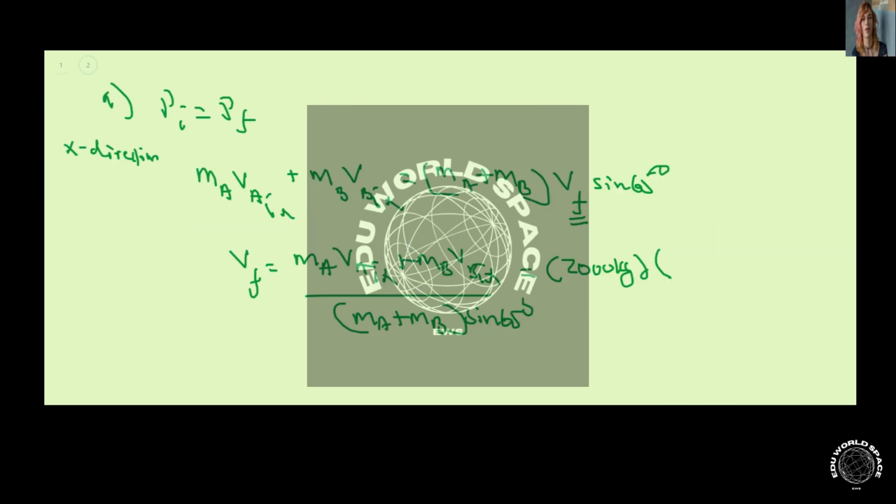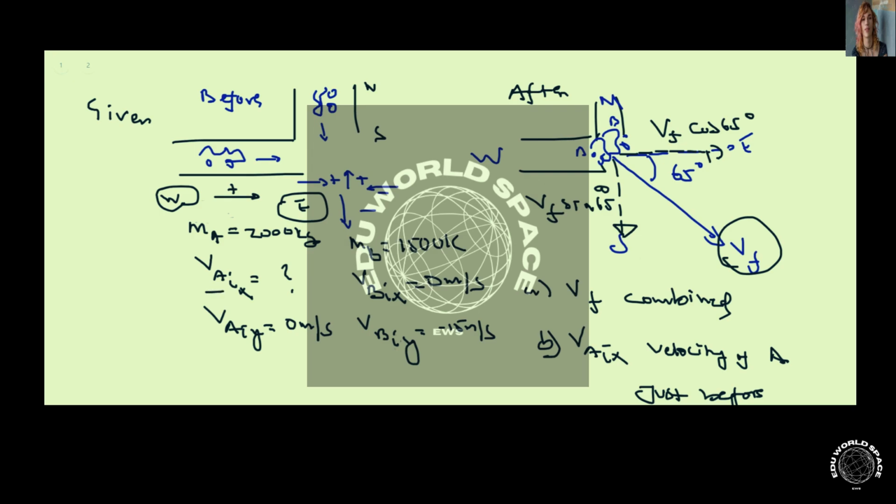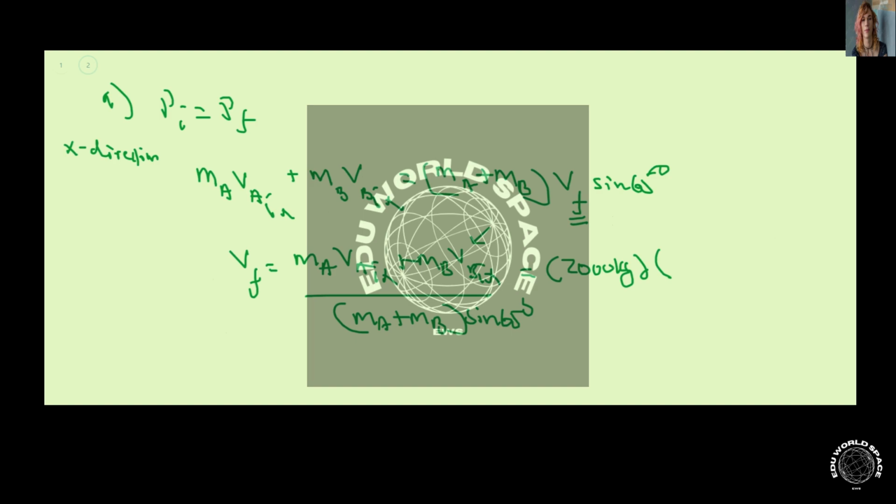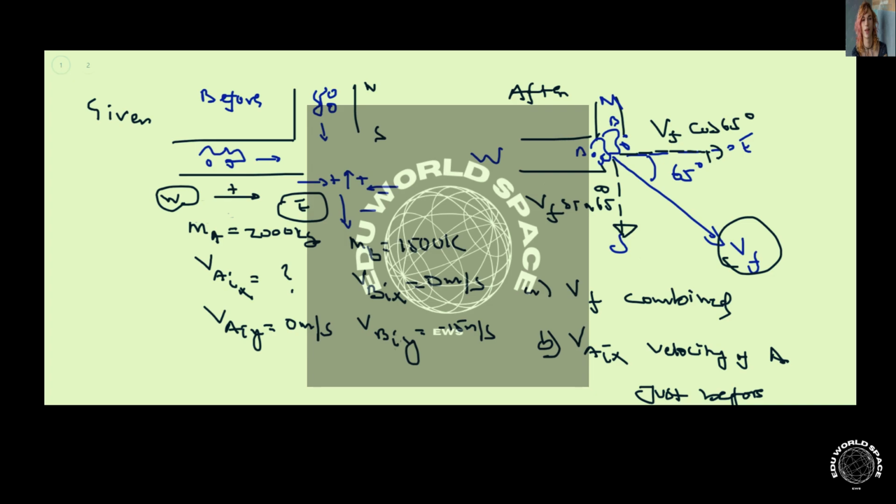Maybe we should use y for this one. So 2,000 kilograms, mass of A. Sorry, we have to do it in the y direction, not the x direction, because we don't have the initial velocity of A. You can see we don't have this one.